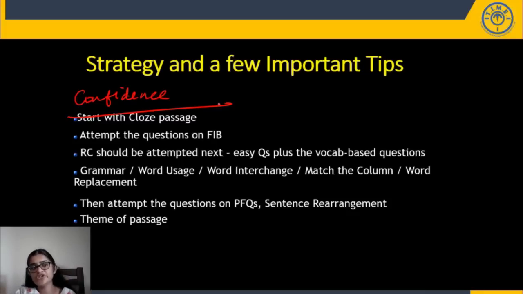One thing I need to tell you: when we suggest this approach here, it is only a suggestion. Strengths and weaknesses are different for different students, especially in the verbal ability section, the English language section. Some students may be extremely comfortable with vocabulary, not so comfortable with grammar, or vice versa.